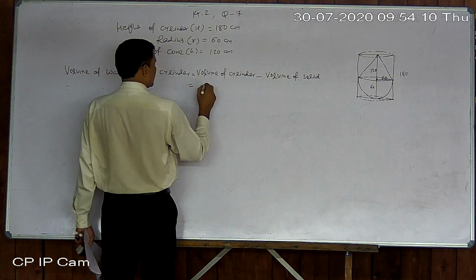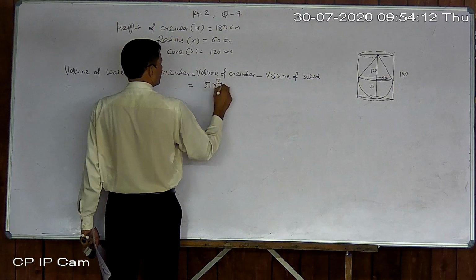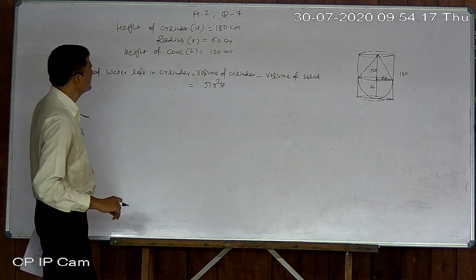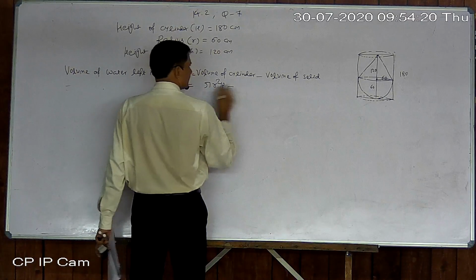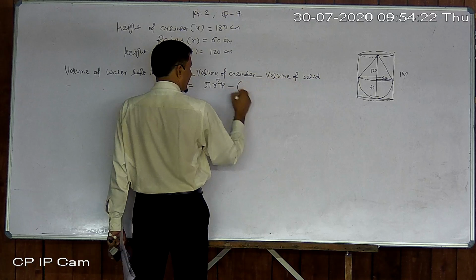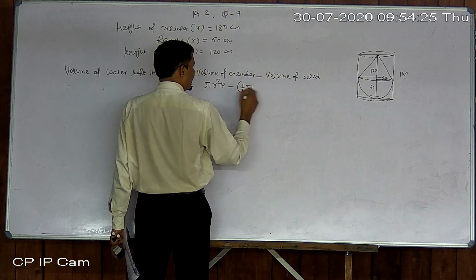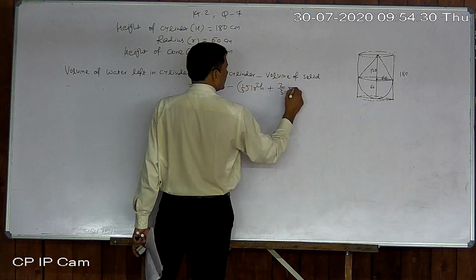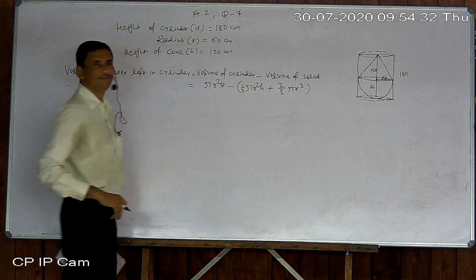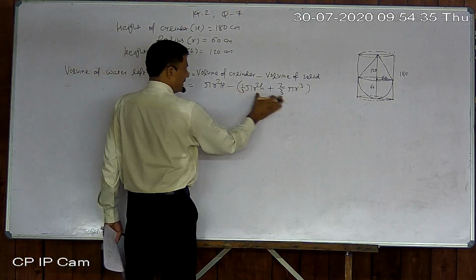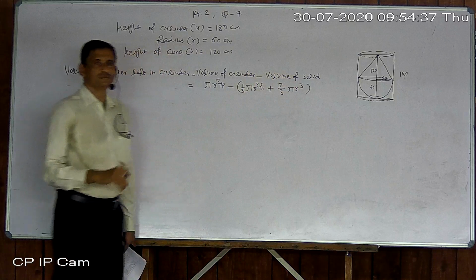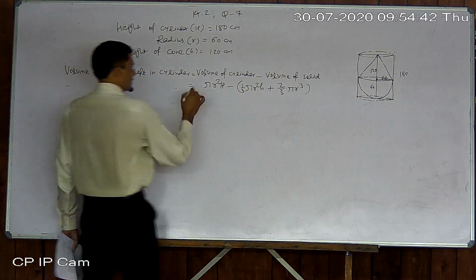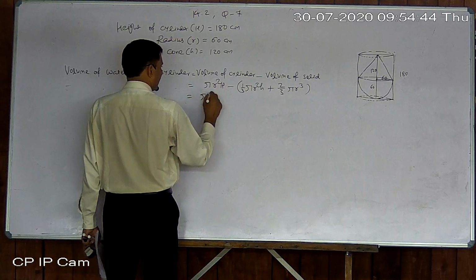So now I can write the formula: pi r squared H, where height of the cylinder is capital H, minus, now again two are there, 1 by 3 pi r squared h plus 2 by 3 pi r cubed. This combined volume will be subtracted so that you can find the water left inside the cylinder.